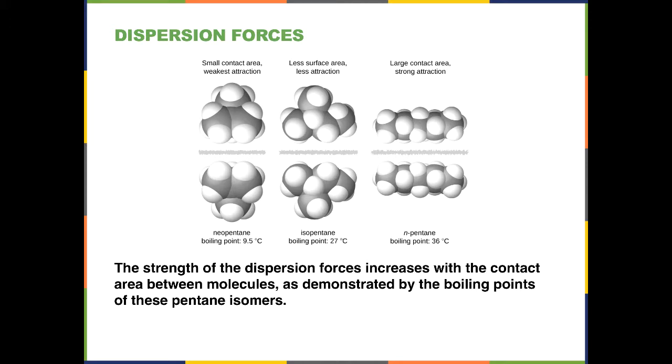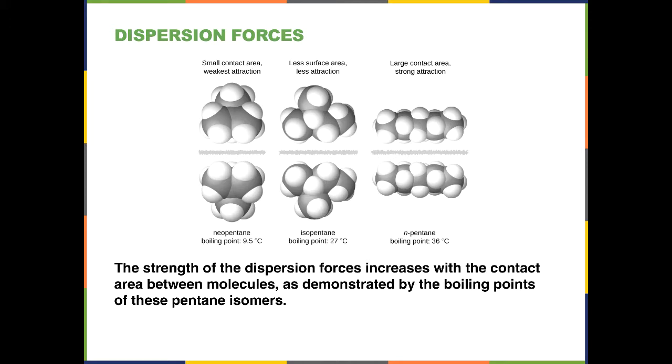Now, another important point about dispersion forces is the fact that the strength of dispersion forces increases with contact area between molecules. Now, these three molecules all have the same formula, so they're all of the same molecular size, but they have different shapes. Neopentane is a conglomerate. Isopentane has one side chain, and N-pentane is a straight chain.